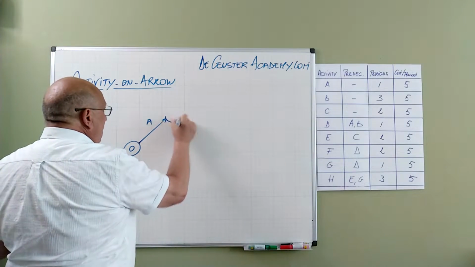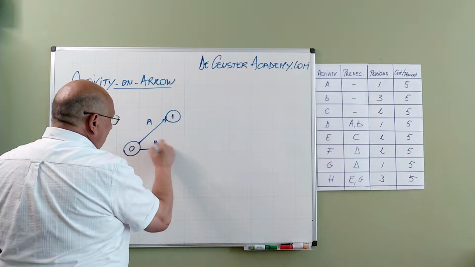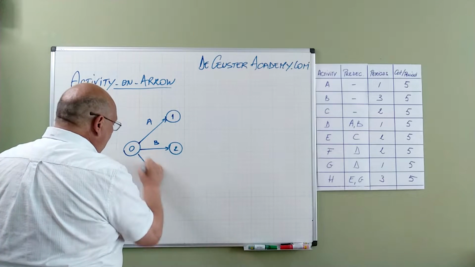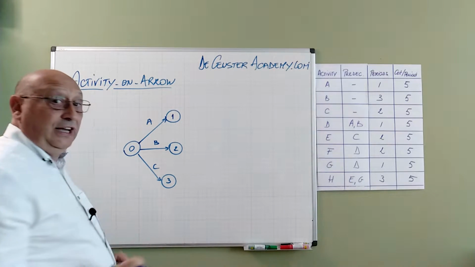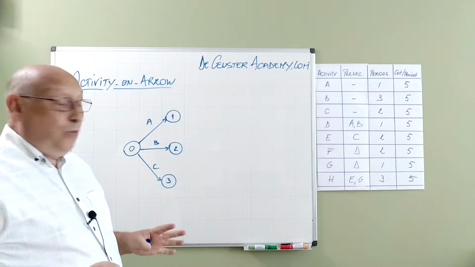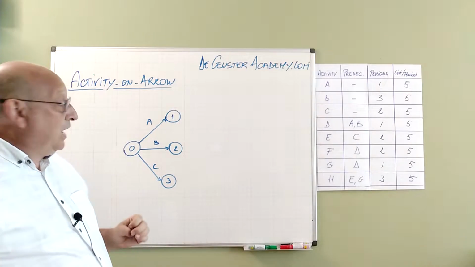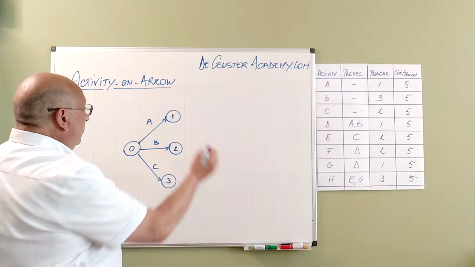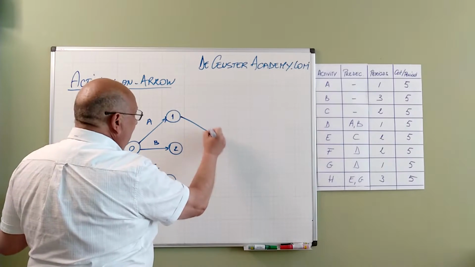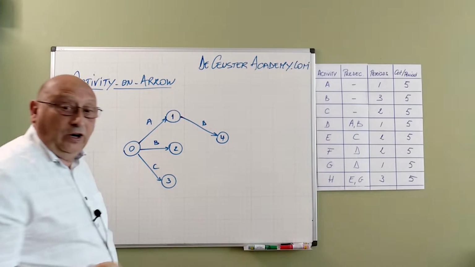We have A with the end event for A being 1, B which ends in 2, and C which ends in event 3. Now we have to look at D. D is after A and B. Now we cannot have two arrows together, so when I say I start with D from A, I have here event 4.